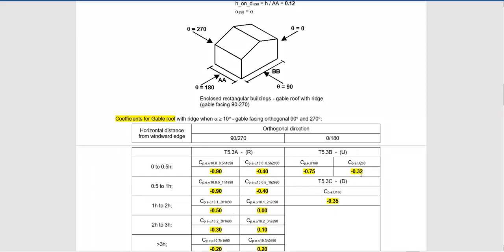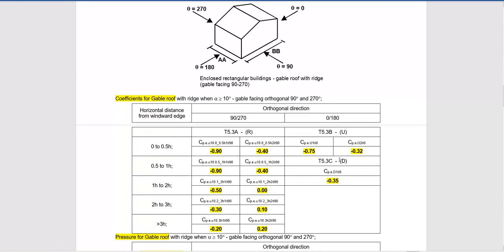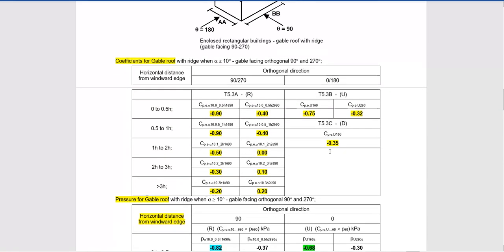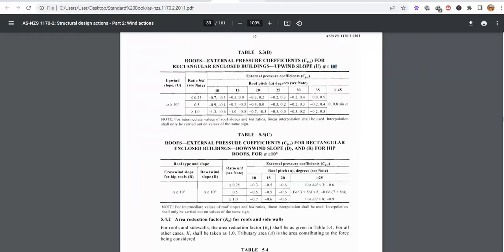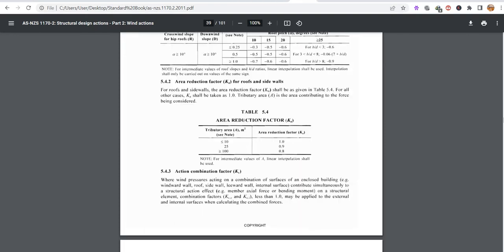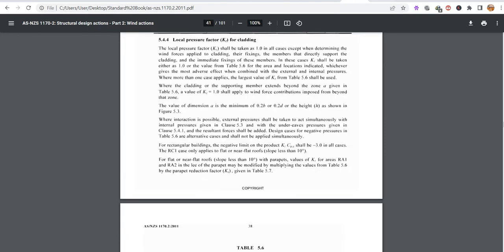Got it in here. Negative, by the way, because it is away from the surface. And the CPE value for the downwind is negative 0.35. This stands for downwind. If you go to the code, you will see, I'll show you somewhere here.